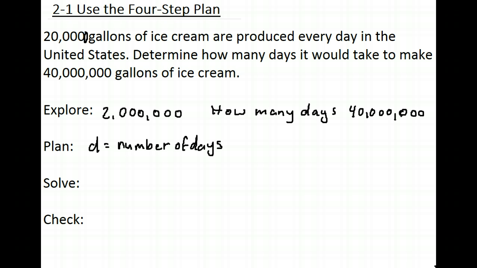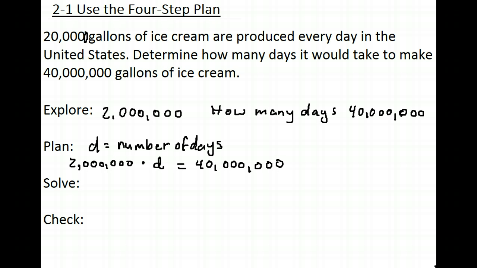So we have 2 million gallons per day. And per day means multiplication. So it's 2 million times the number of days. So we have 2 million times d would equal our 40 million.